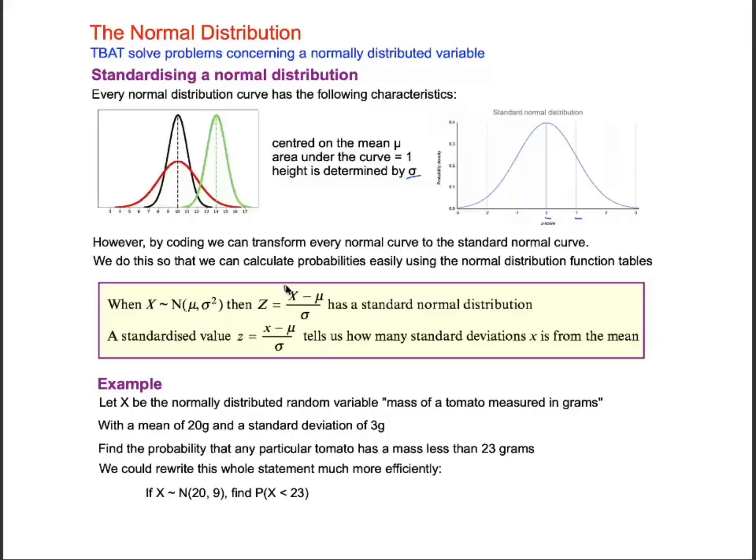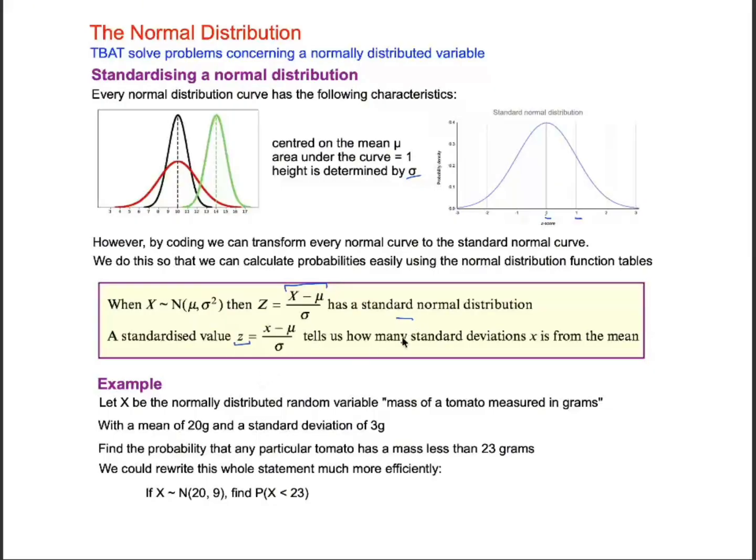And this form of coding, where you subtract every value by mu and then divide that by standard deviation, will be a standard normal distribution, which means it will have a mean of 0 and a standard deviation of 1.